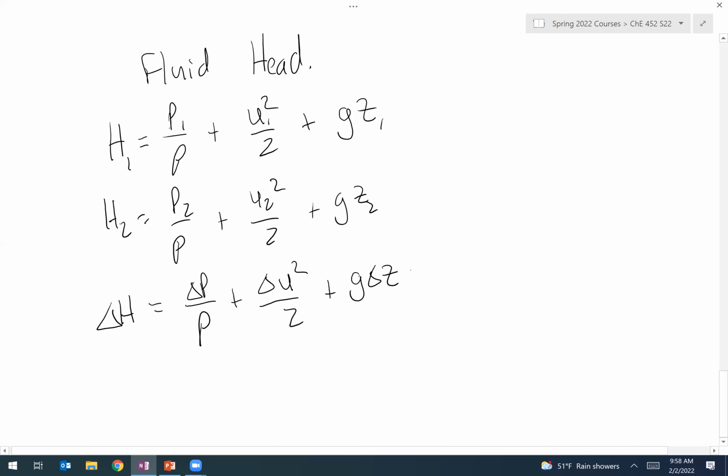And how do I denote those changes in energy? Typically through considering any sort of work added or head loss.